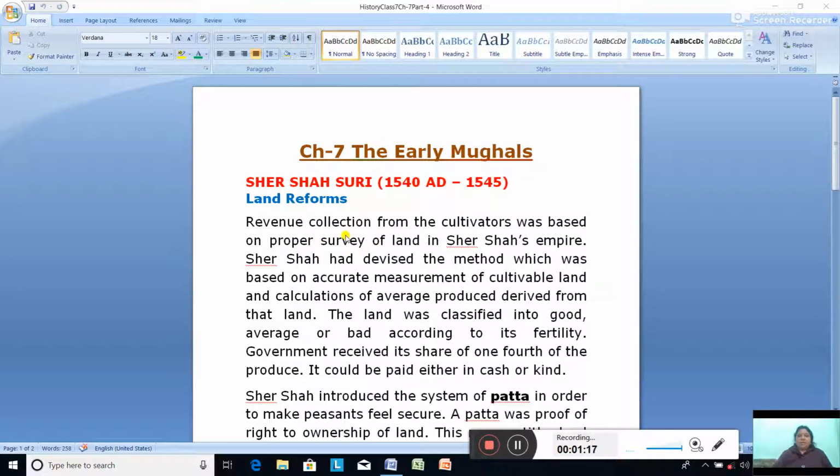Now, what is the meaning of a proper survey of land? Here, the cultivable land was measured accurately, and then the land was classified into three categories: good, average, or bad, according to its fertility.